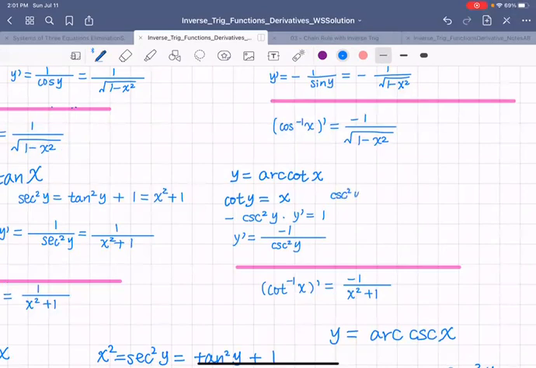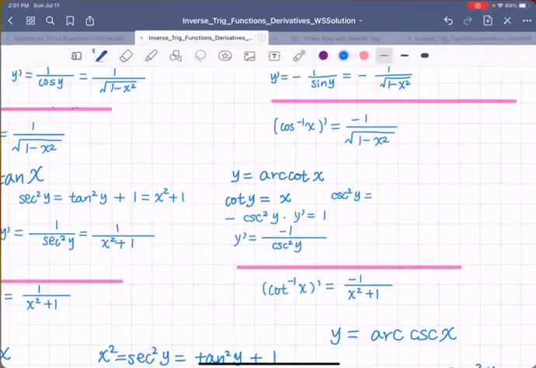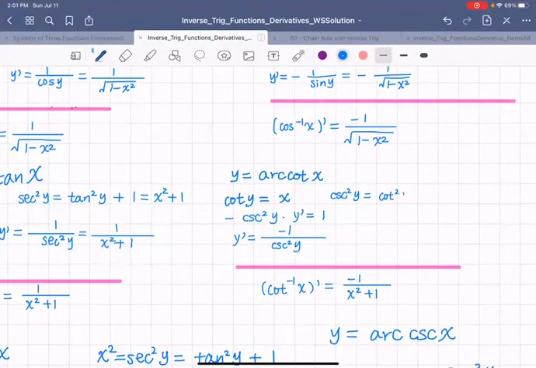Cosecant squared y equals who? I believe it's cotangent squared y plus 1. Oh, wait. Sorry. Then after that, you can change it to x squared plus 1.